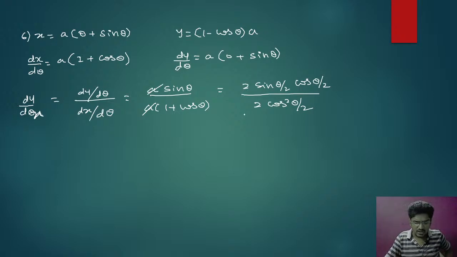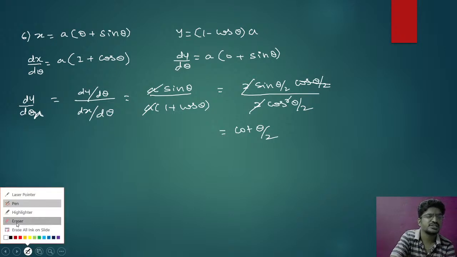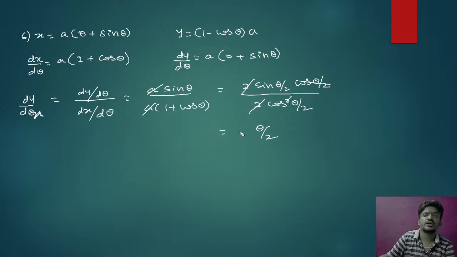So therefore 2 will get cancelled. Cos theta by 2 will get cancelled, and sine by cos is tan theta by 2. So that is our required answer. Clear? So that is problem 6.